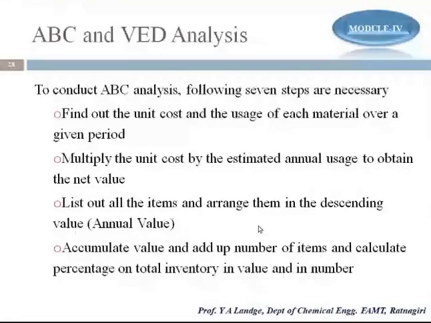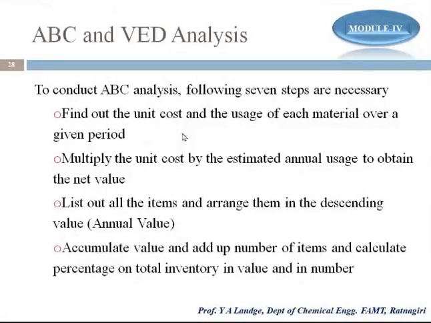Okay. Now, how can we categorize the items? Say there are 100 items required for the process. How can we categorize them into A, B, and C categories? So let's see. There are 7 steps. First, find out the unit cost and the uses of each material over a given period.